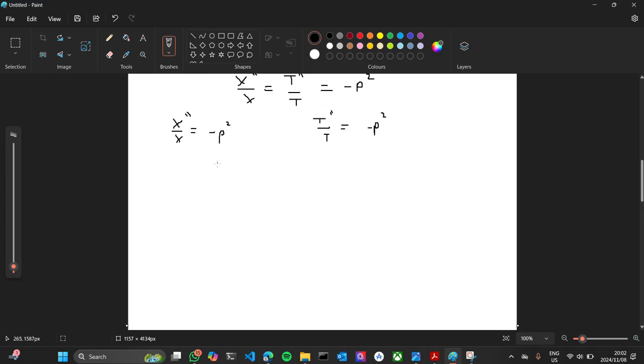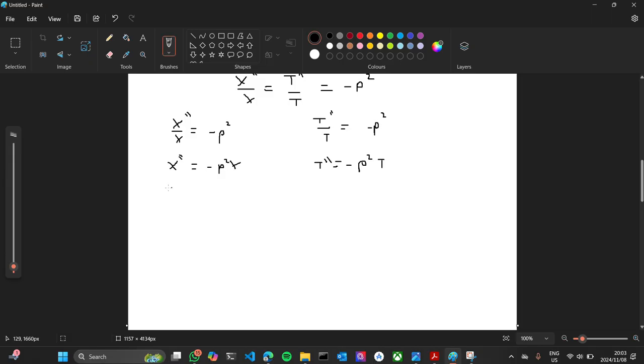Okay, so now we just simplify this, or rather multiply each side by the original variable. So x double prime is equal to minus p squared x, and this side is going to be t double prime equal to minus p squared t.